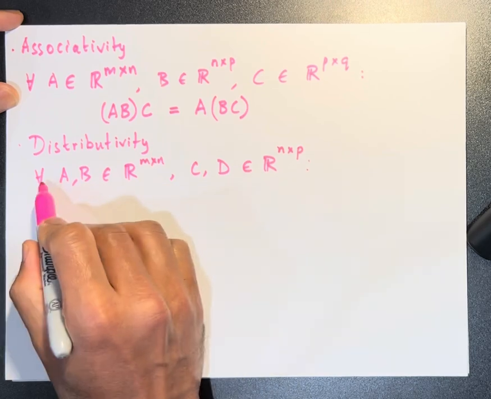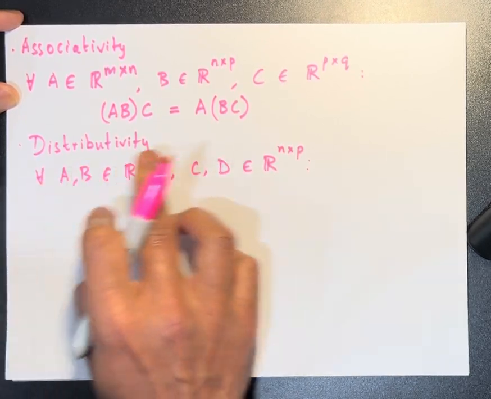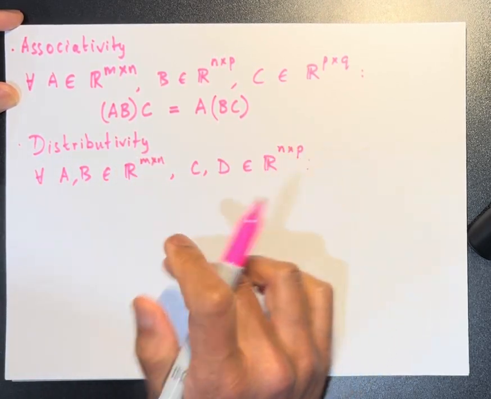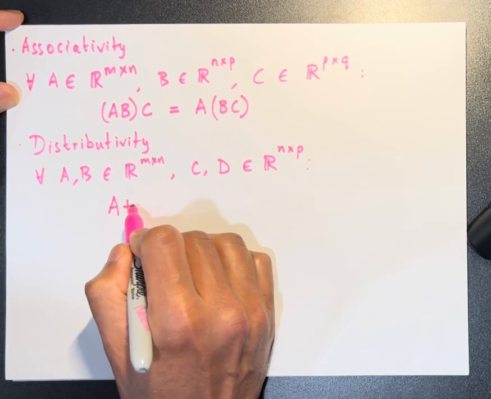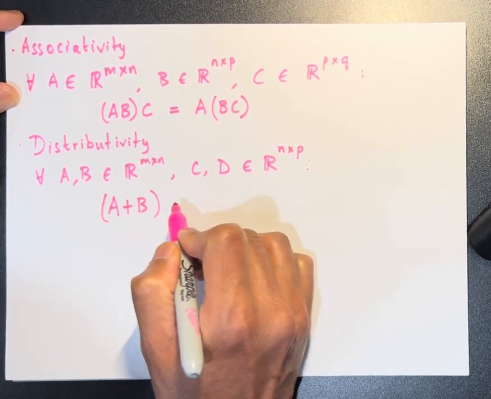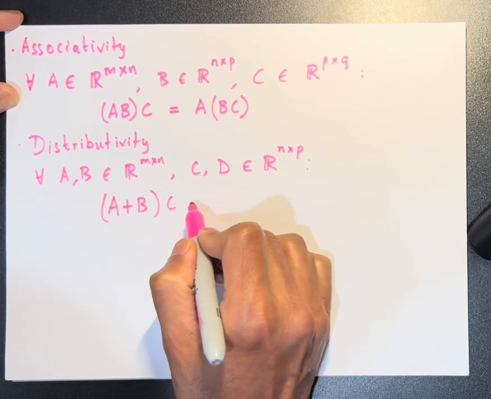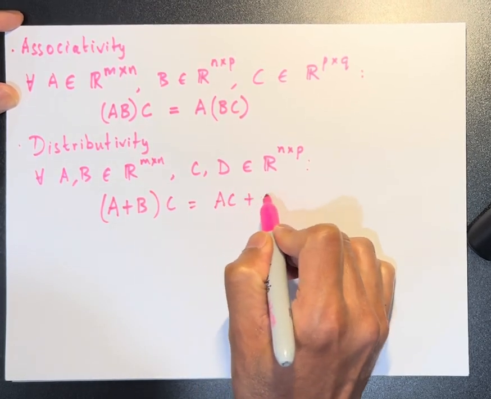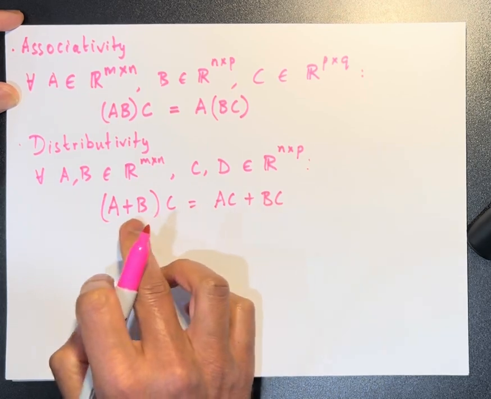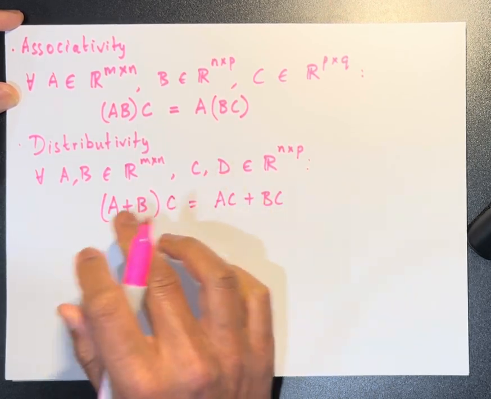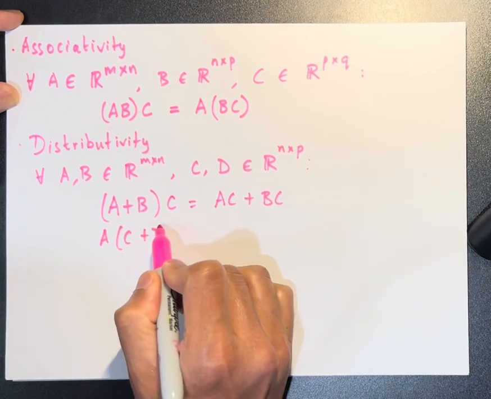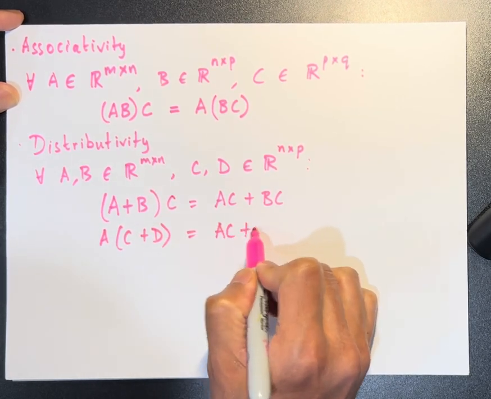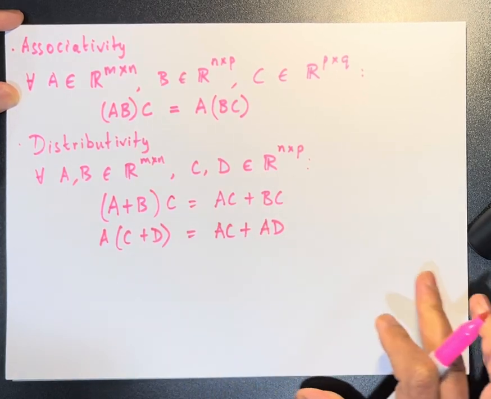We basically have this true: A plus B times C is equal to AC plus BC. So this is distributivity from the right hand side, and from the left hand side it's A times C plus D equal to AC plus AD. This is another property.